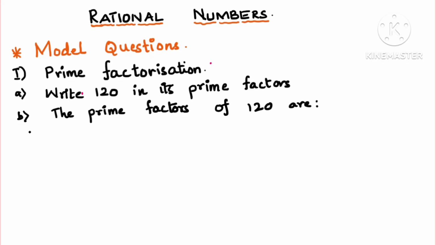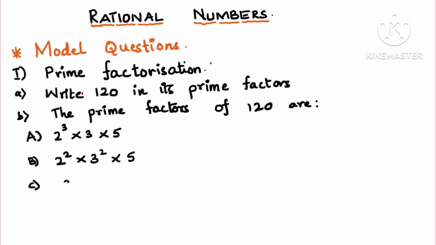The first option, the prime factors of 120, is going to be 2 raised to 3 into 3 into 5. Option B is 2 raised to 2 into 3 raised to 2 into 5.